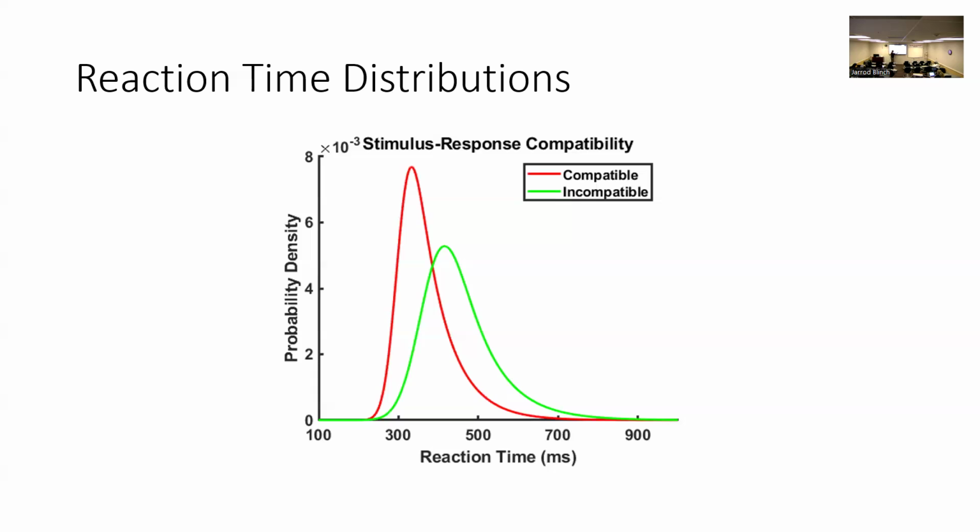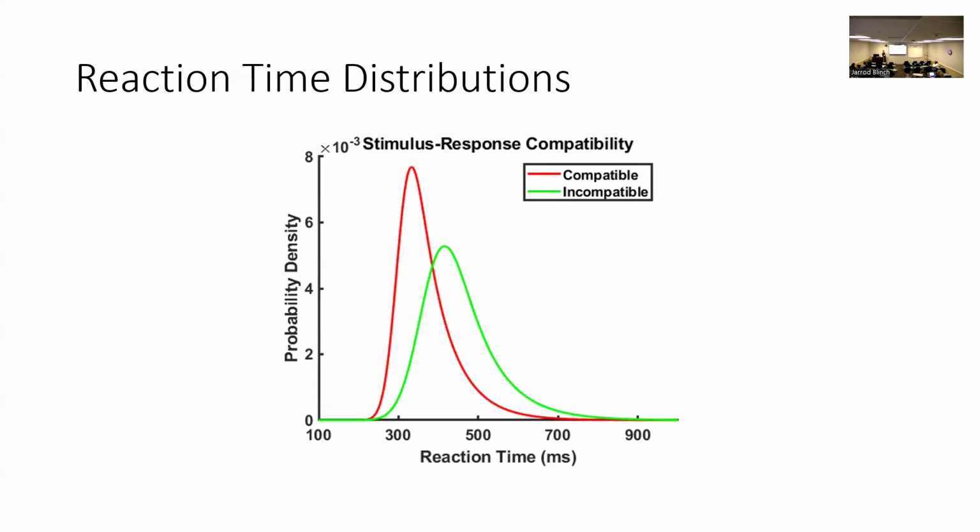So the idea here is that, and this is across everyone, reaction time, if it's a compatible trial, was typically between 250 and 700 milliseconds. And the higher this is, the more common your reaction time is of that latency. So typically, the most common reaction time would be about 325 milliseconds.